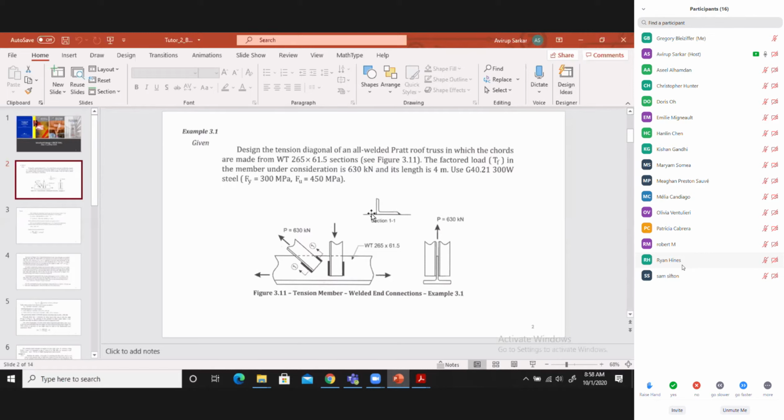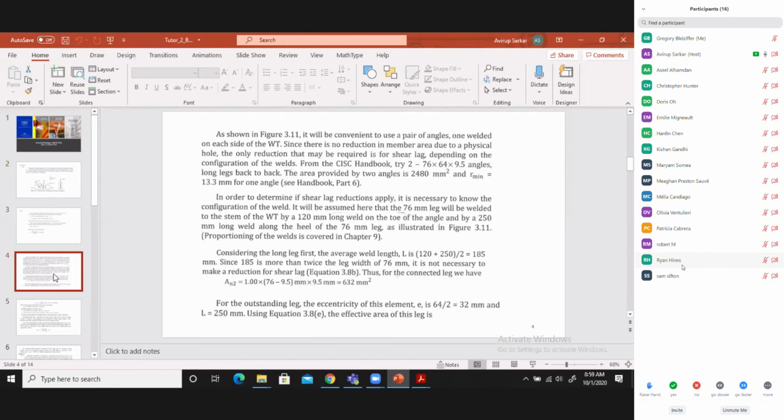On the left hand side we have the 240 millimeter length of weld that has been assumed till now. We need to check whether that length is correct and sufficient to carry the force. And on the right hand side, it is the 120 millimeter length of weld that has been assumed at the starting of the problem.